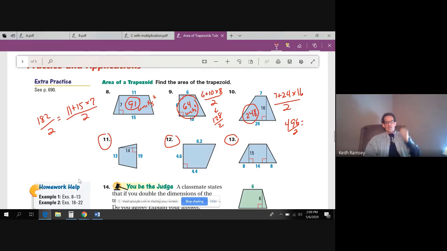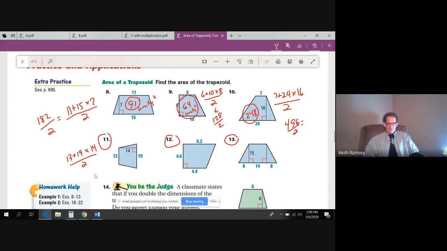Okay, hopefully I gave you a chance to look at a couple of them. For number 11, you wanted to do 13 plus 19. And then I hope that you saw that 14 is really the height. You multiply it times 14, and then you divide by 2. Let's simplify that. We know 13 plus 19 is going to be 32.